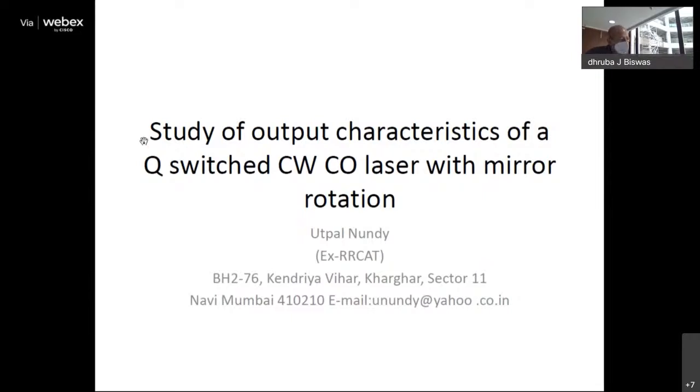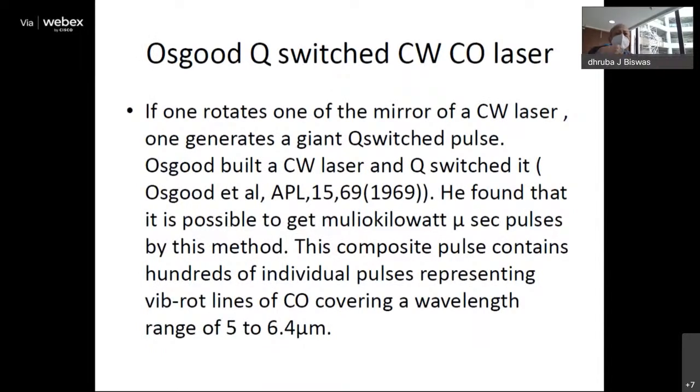Can I have the second slide, please? Osgood was the first to carry out rotating mirror Q-switching in a CW CO laser. He found that it was possible to generate multi-kilowatt, microsecond duration pulses in a composite pulse. Why am I saying it is composite?